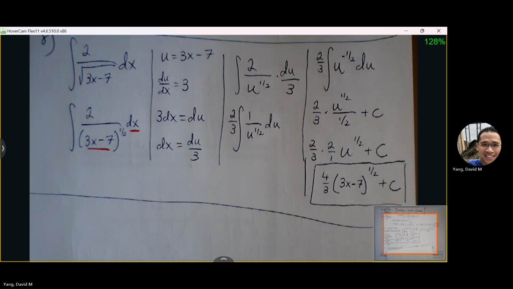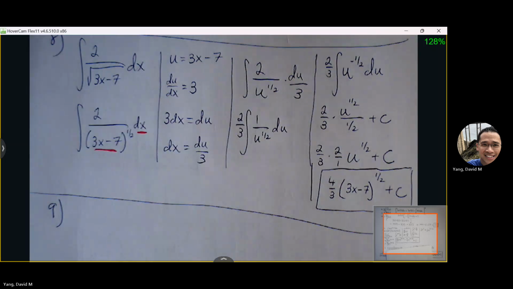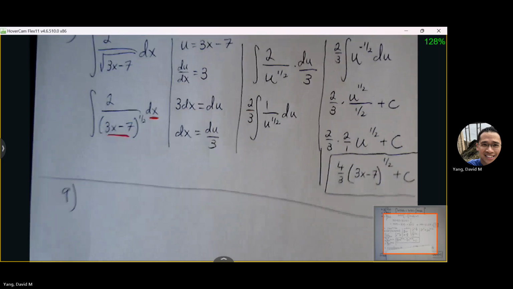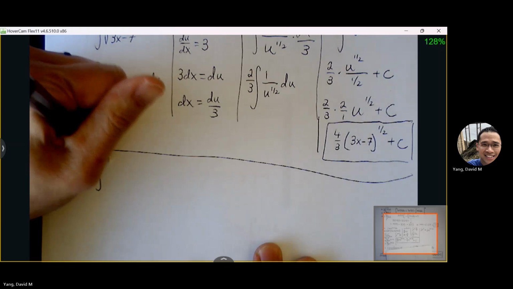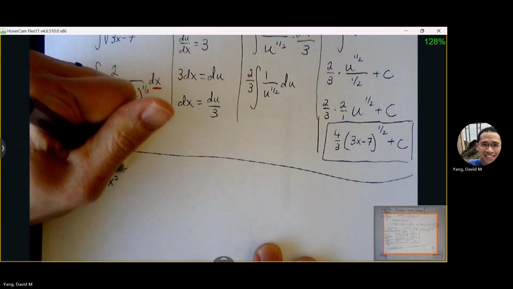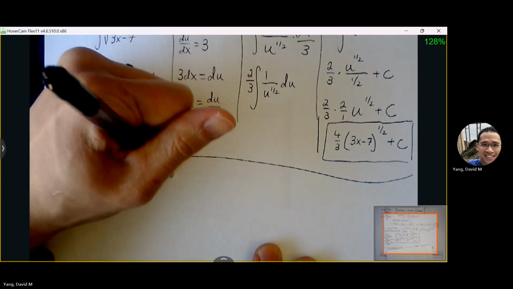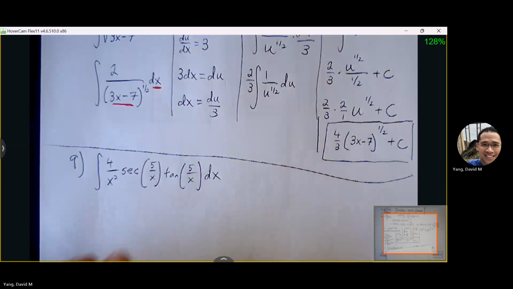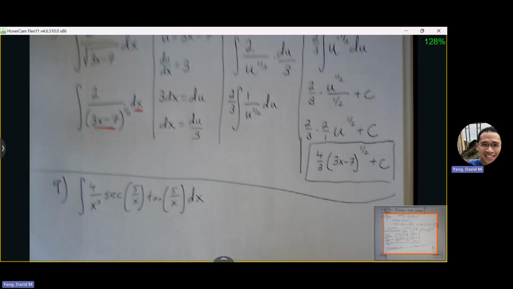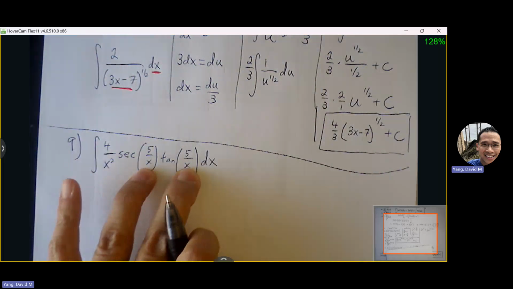Okay, number 9. Two sets of parentheses. We can potentially let both of them be our u value because maybe this can head towards an integral rule that's available to us.